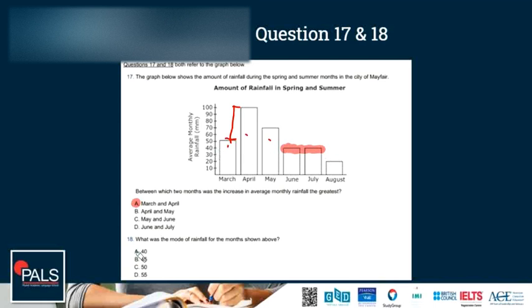So answer, let's double check if that really is 40. 40 is here, and yes, it is 40. So answer A is the correct answer. 40 is occurring twice, all the other numbers are occurring only once.